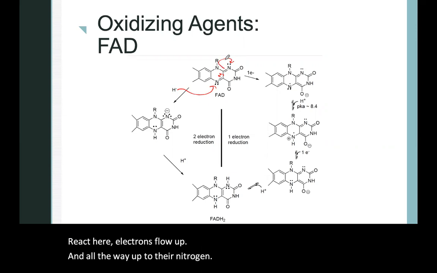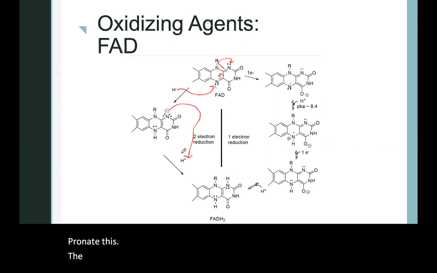We can then protonate this to form our FADH2, or a hydroquinone form.